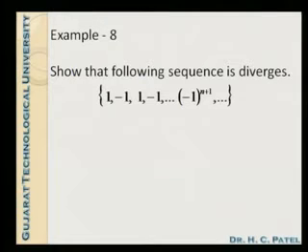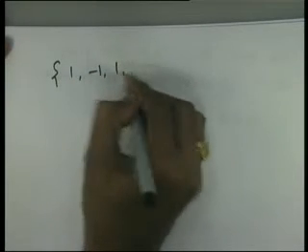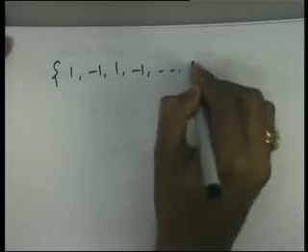Okay, this is the example with bouncing values of the sequences. Here the sequence is 1, minus 1, 1, minus 1, that is minus 1 raised to n plus 1, and so on. So let us prove this.